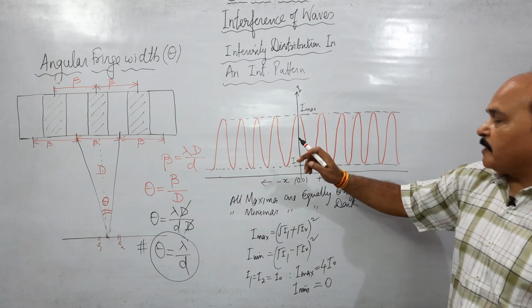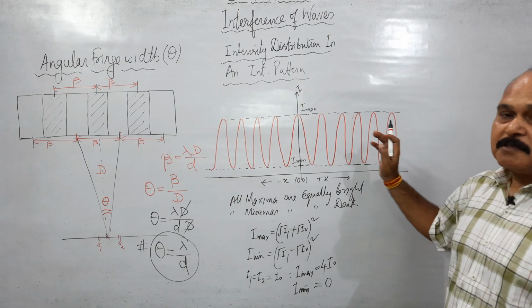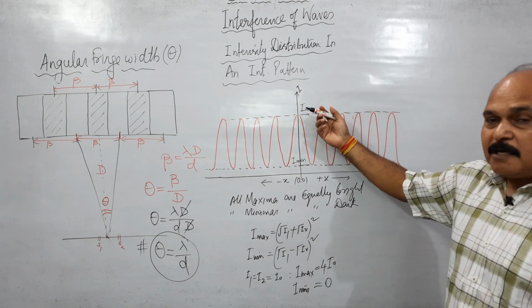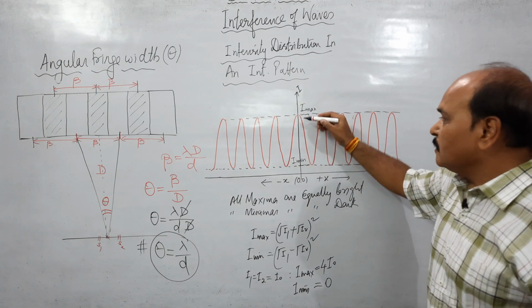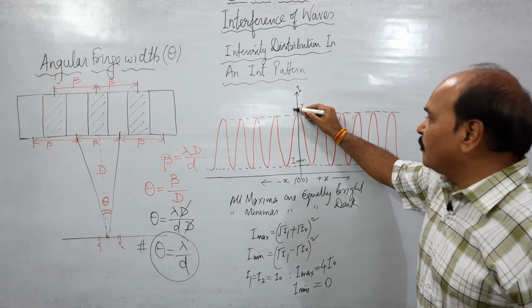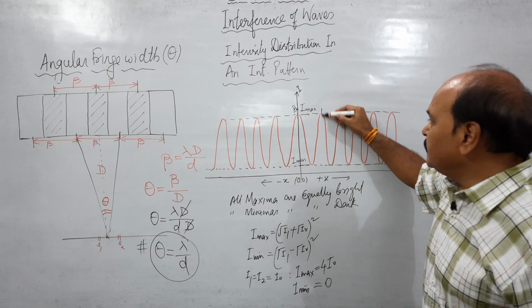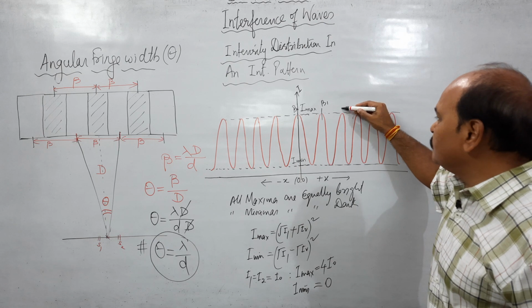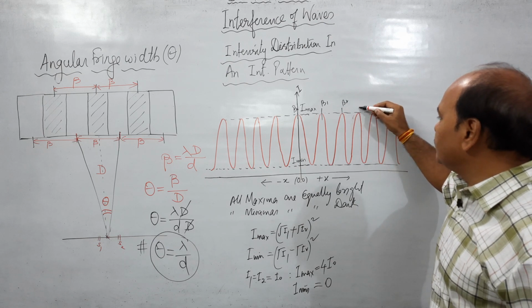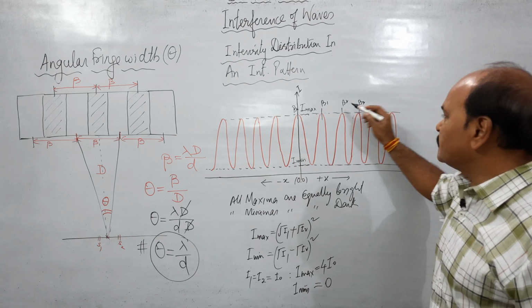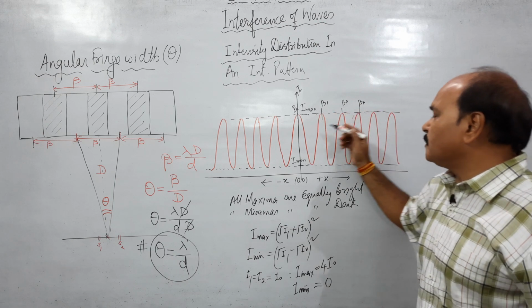So in an interference pattern, all maximas are equally bright and all minimas are equally dark. This is the central maxima B0, this is B1, this is B2, this is B3. This is bright band number 1, bright band number 2, bright band number 3.